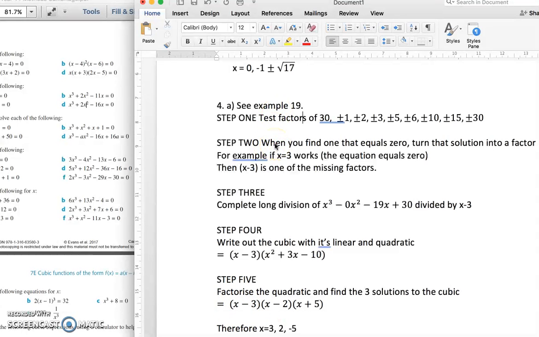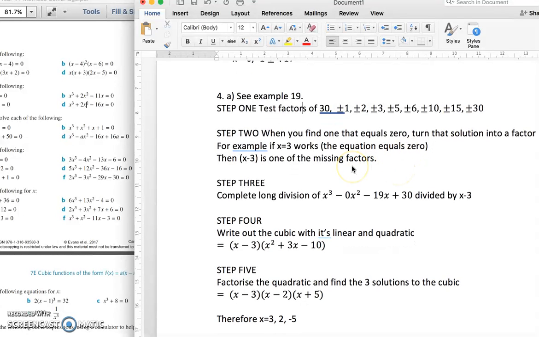So yes, technically, if they're all simple like this, you could just keep testing all of these numbers until you find 3 that equals 0. But don't do that, do long division. So step 3 is to complete long division by using the cubic divided by your newly found factor, x take 3.